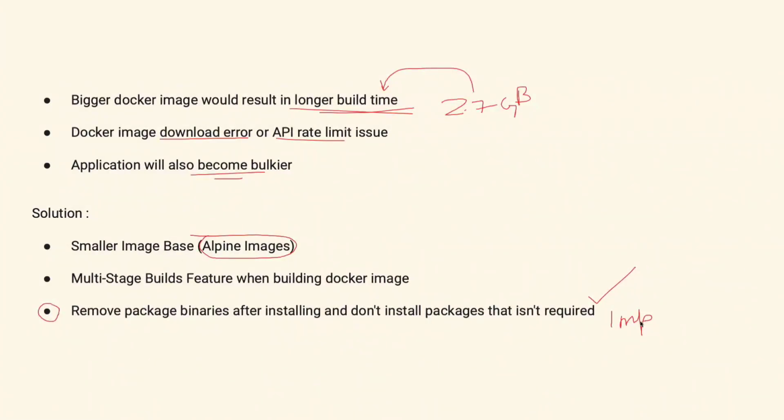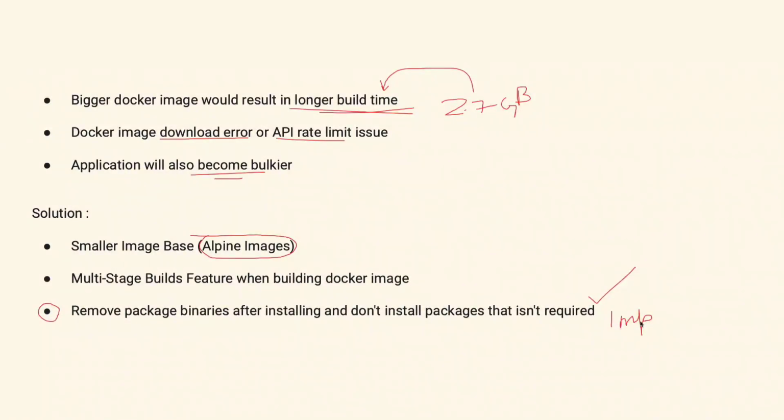And once you install the packages, there is no need for us to have the binaries related to this package. Why would you need the binary also as a part of the package? There is no work for this binary anymore. Hence, you should delete them and also install only the packages that are required.